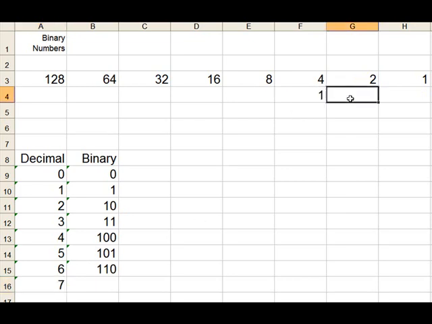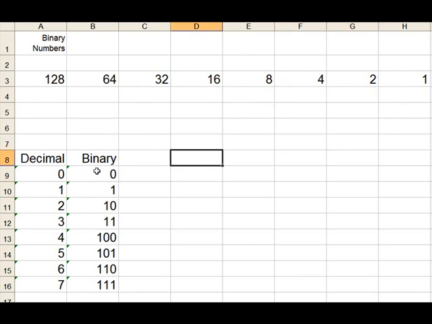In binary, a 4, a 2, and a 1. Or 1, 1, 1. So counting in binary is an interesting place to start, getting comfortable with it. And you can keep going with this. It turns out to be not too difficult. You can only put 1's and 0's in here to make the binary equivalent of a decimal number.